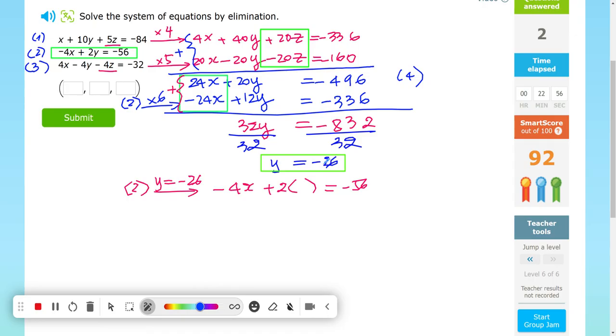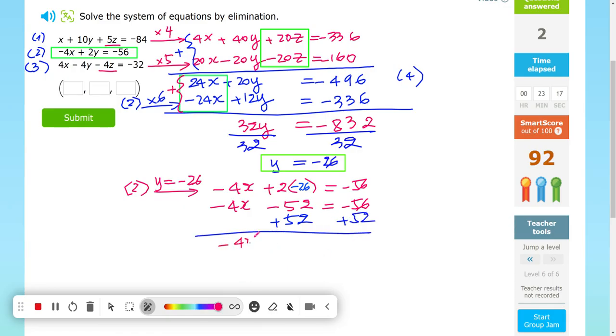Now y equal negative 26, so I got here negative 4x, and this one becomes negative 52. All right, so I would add 52 on both sides. I come out negative 4x equal negative 4, so x should be equal negative 1.